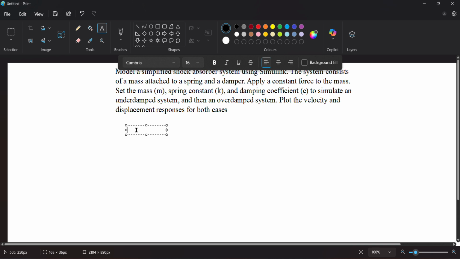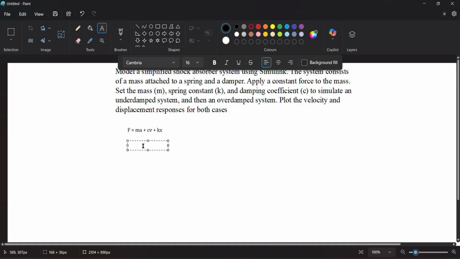The equation usually goes like this: F equals ma plus cv plus kx. So this is the simplified equation of a spring system with the damper.